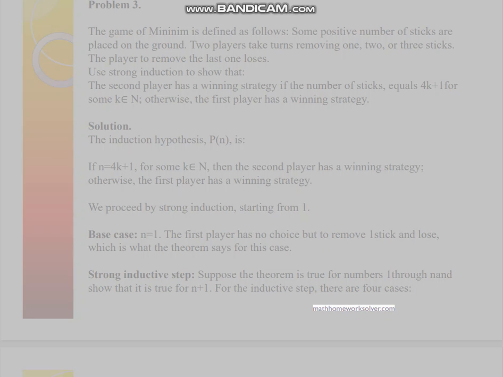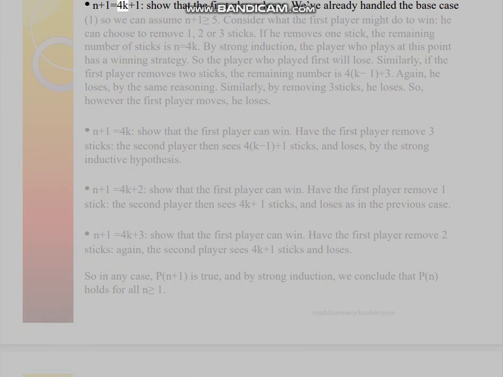MathHomeworkSolver.com. n plus 1 equals 4k plus 1, show that the first player loses. We've already handled the base case, 1, so we can assume n plus 1 is greater than or equal to 5. Consider what the first player might do to win. He can choose to remove 1, 2, or 3 sticks. If he removes 1 stick, the remaining number of sticks is n equals 4k.